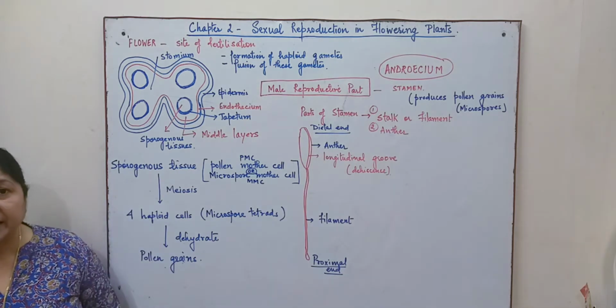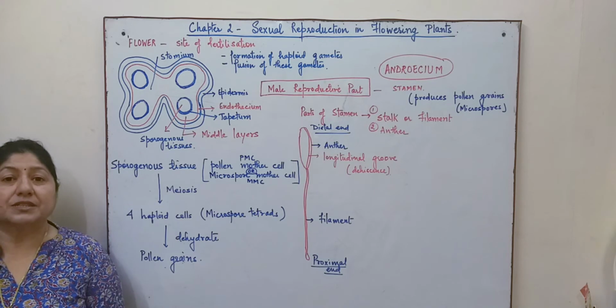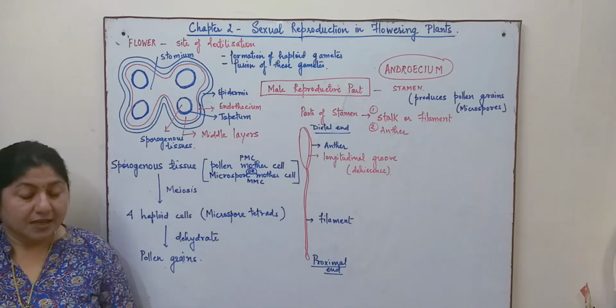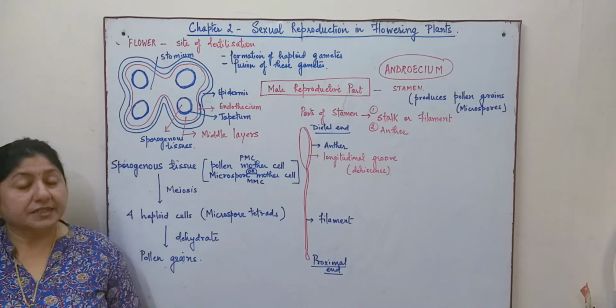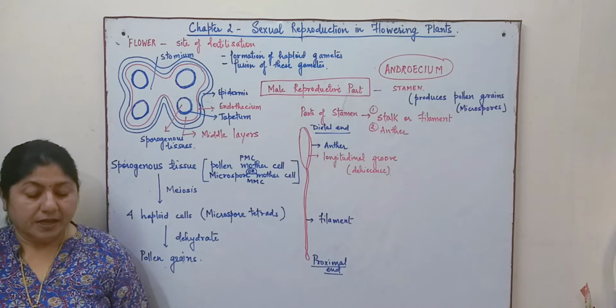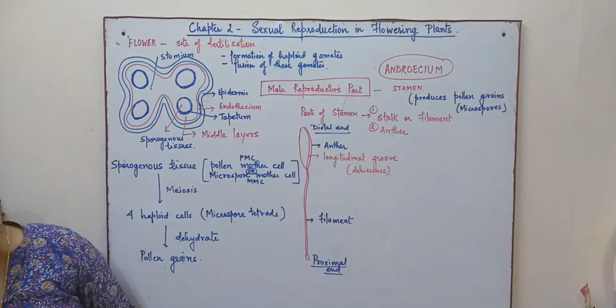The Androecium is the male reproductive part, and it consists of the stamens. It is the third whorl and it has the stamens. The stamen has a filament and the anther.